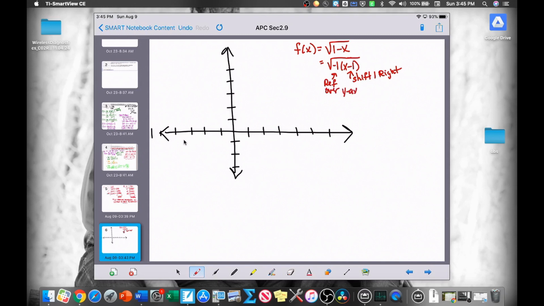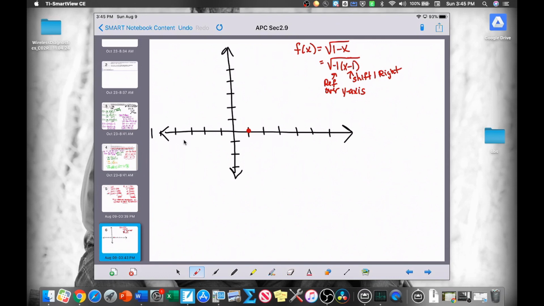over my y-axis. So you could certainly grab your graphing calculator to graph this, but the point I'm trying to make is that this is just a transformation of a parent function that we should know. So technically we shouldn't really even need our calculator. We should be able to do it without. So I know that my graph is going to start here at (1, 0) because it's shifted 1 to the right.